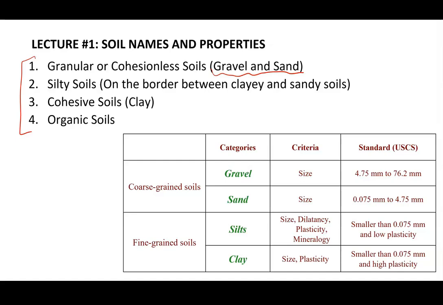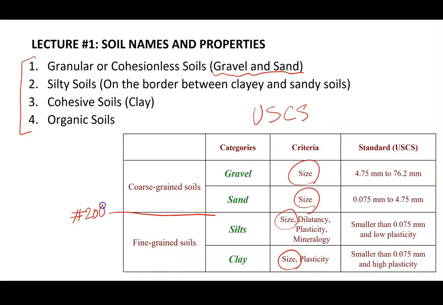Then we talked about what is provided by USCS. So based on USCS and based on size, we can divide soil samples into 2 categories of coarse-grained soil and fine-grained soil.